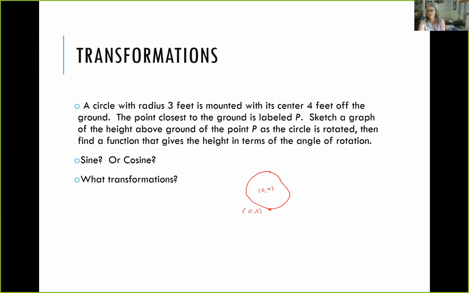What we're talking about is, as this point goes around the circle, we want to sketch its height. So it starts at 1, right? Well, that's a bad coordinate system. Let's use Desmos.